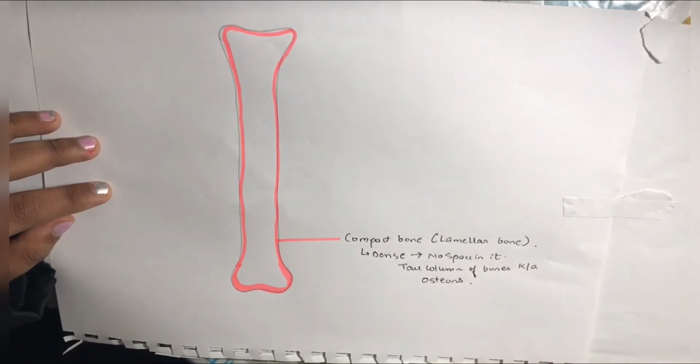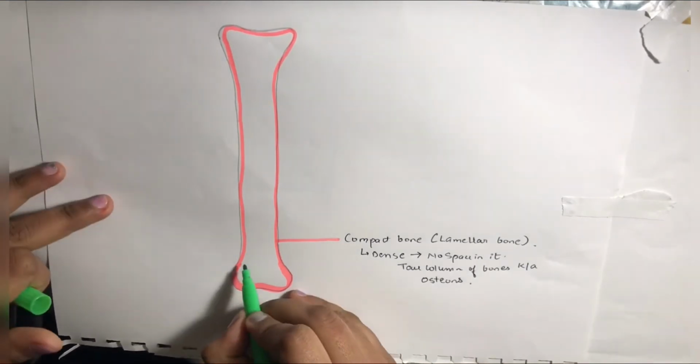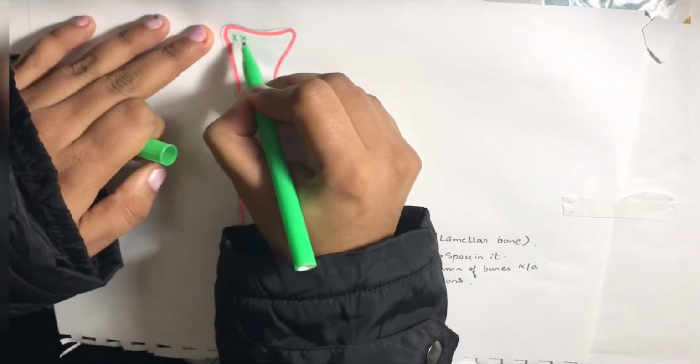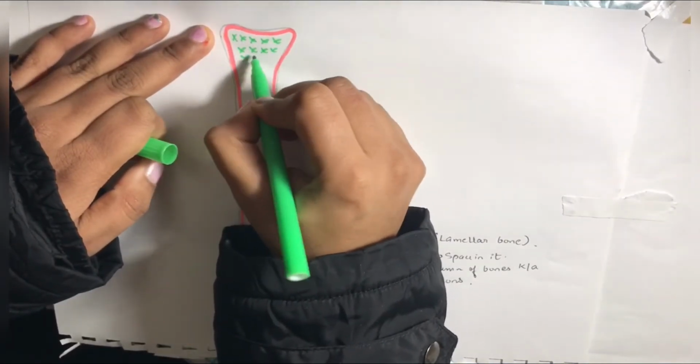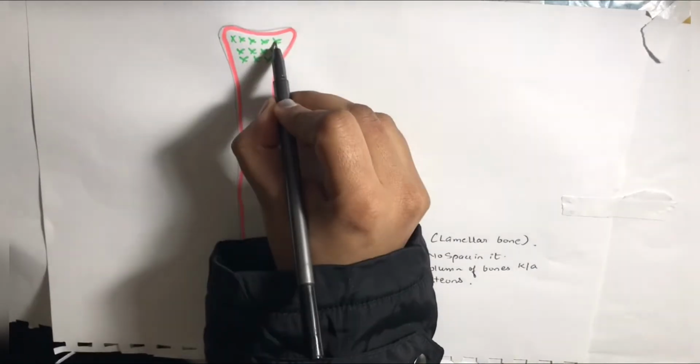After the compact bone, I'm going to draw crosses on both epiphyseal parts. Let's consider these crosses as trabeculae or spicules. This is the spongy bone, on both the ends.